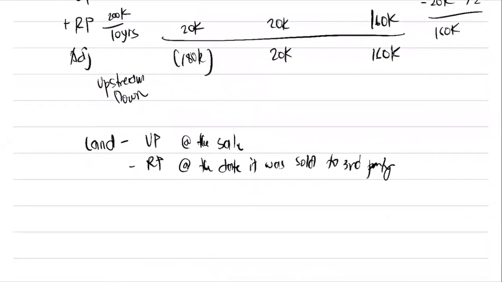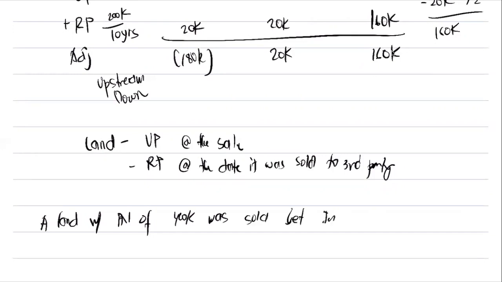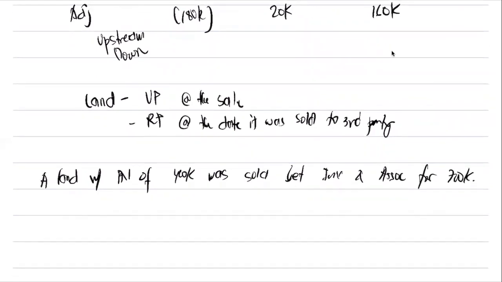Okay? So let's say a land with a book value of 400,000 was sold between the investor and the associate for 700,000 pesos on year one.